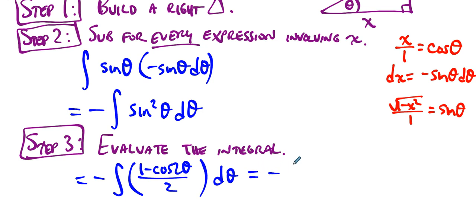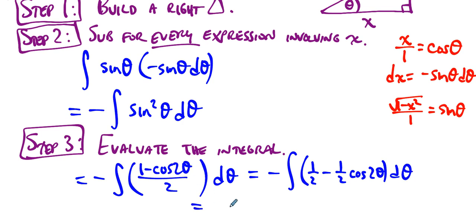And I know how to do that. Let's break this up into two parts. This is a 1/2, and this is a 1/2 cosine 2 theta d theta. So this is negative 1/2 theta plus 1/4 sine of 2 theta plus a constant. That's how we evaluate the integral.